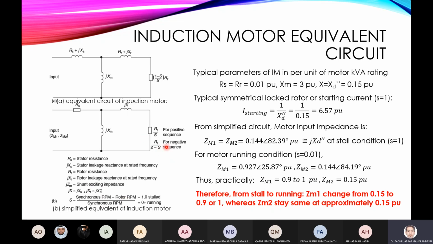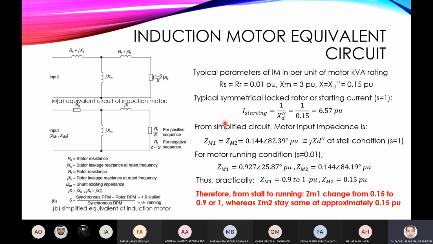You know the slip: for a positive sequence supply, this is the resistance, and for a negative sequence supply, this is what it will be.